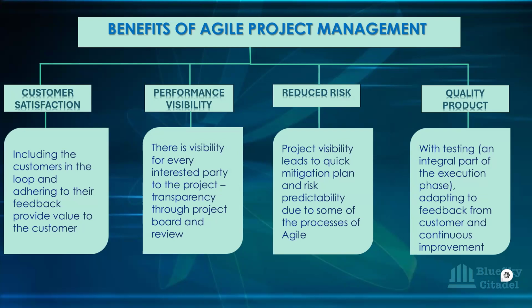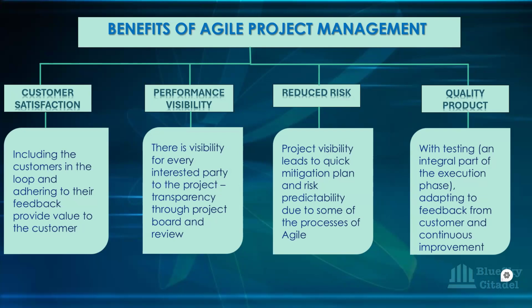Okay, and then there's performance visibility. There's transparency in what you're doing. Every interested party to that project has transparency of the performance of that product, that service, because they've been part of it all along. There's been collaboration with every other team. Like I said, it's not just the development team or the customer that are going to use it.